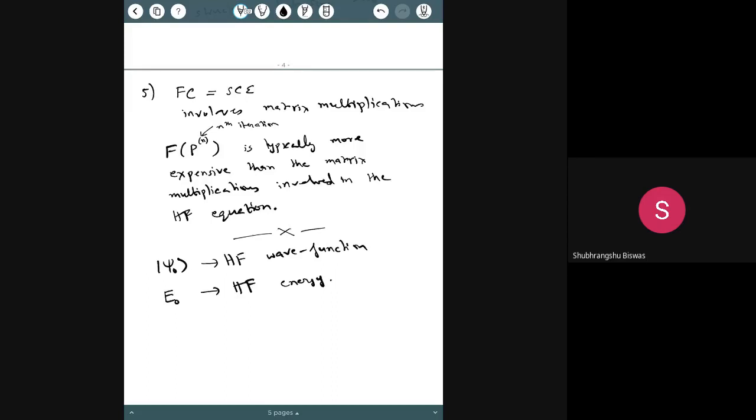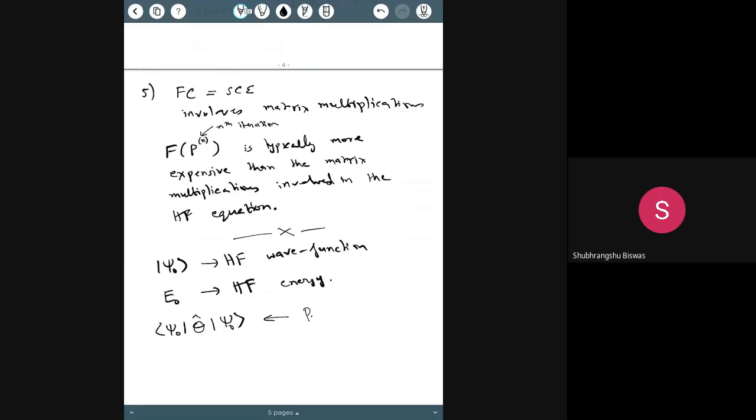And that is indeed true. So what you need to do, as you know, is take the expectation value of various operators, and that will give you some property.